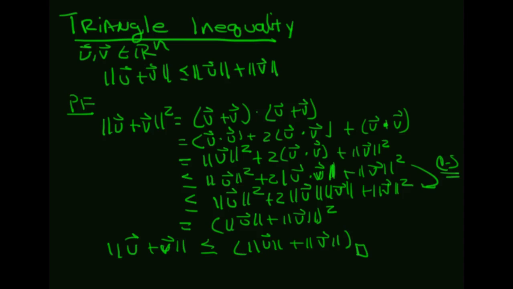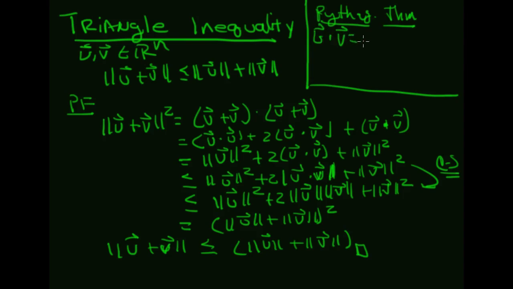Now, the last one here, and I'm not going to erase the triangle inequality proof, is the Pythagorean theorem. The Pythagorean theorem says that if u dot v is equal to 0, in other words, u is perpendicular or orthogonal to v, then the magnitude of u plus v squared is no longer less than or equal to, but specifically equal to the magnitude of u squared plus the magnitude of v squared.